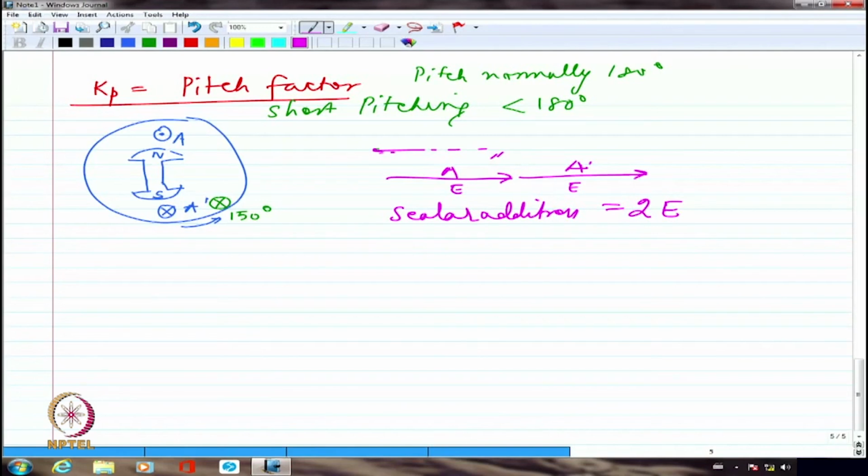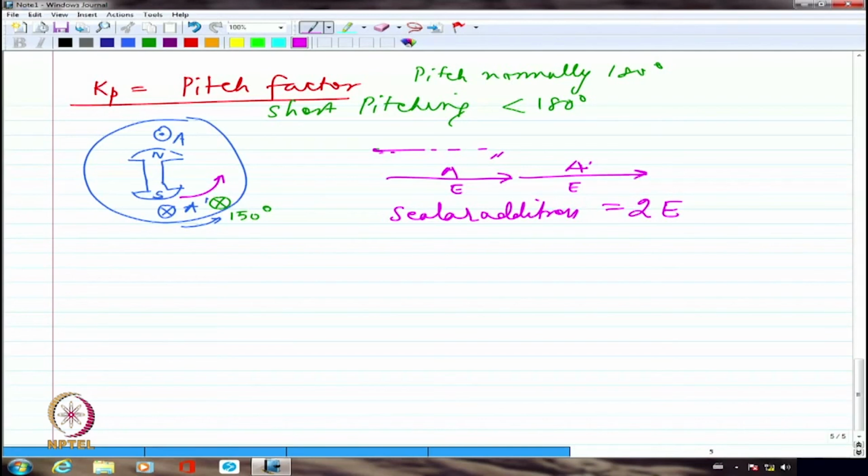Both of them are going to face the maximum strength of North Pole and maximum strength of South Pole at the same instant. Rather than that, maybe this is facing the maximum strength of South Pole a little later than when A faces the maximum strength of North Pole, because it is going to rotate in this direction. Because of which both of them are not facing the maximum strength of North Poles and South Poles at the same instant of time.